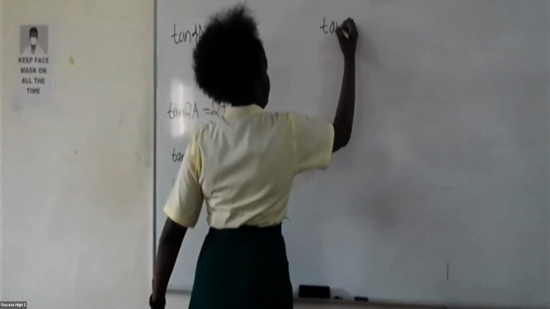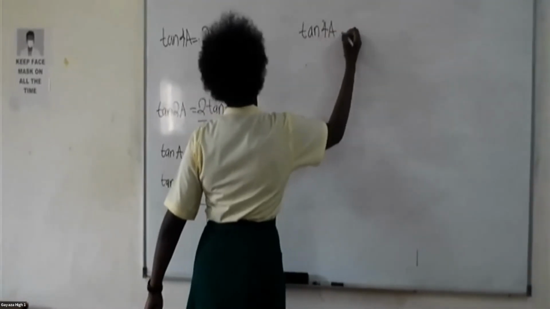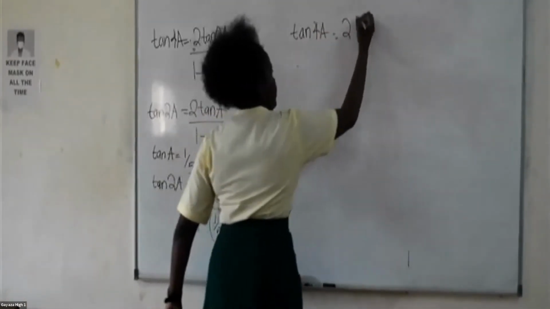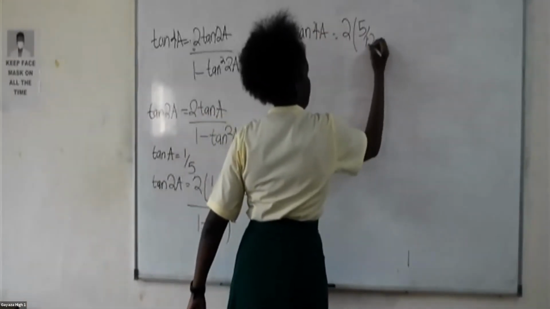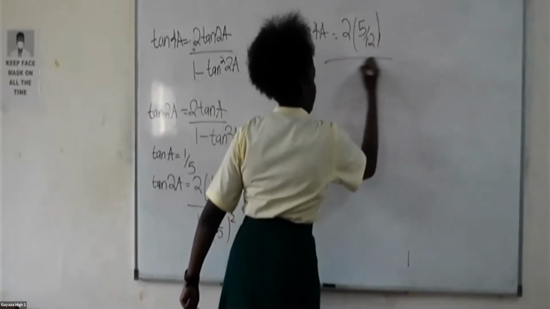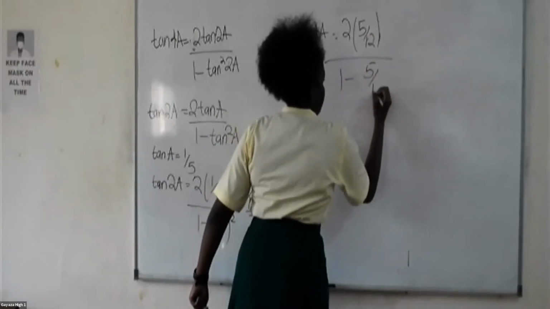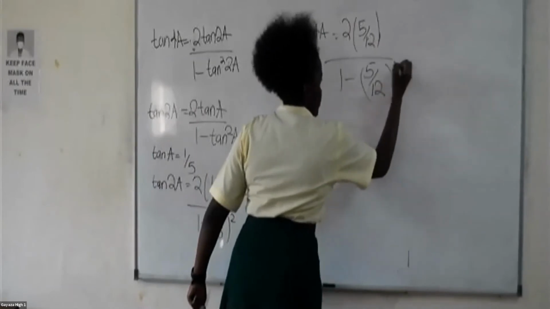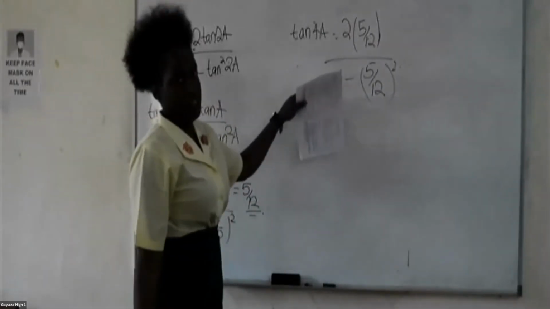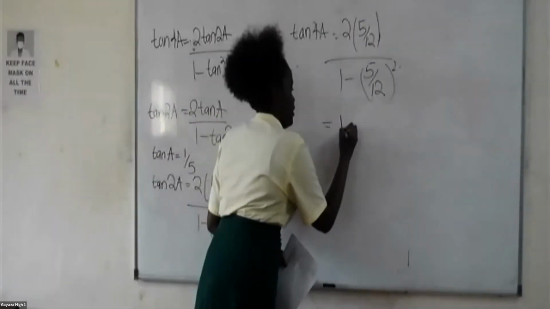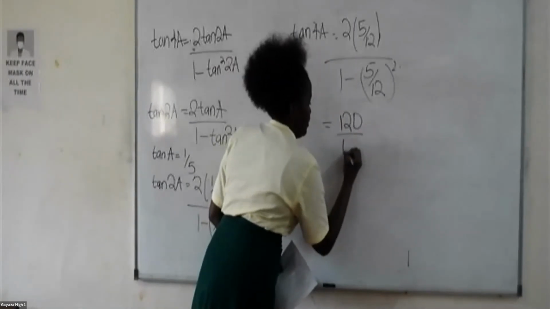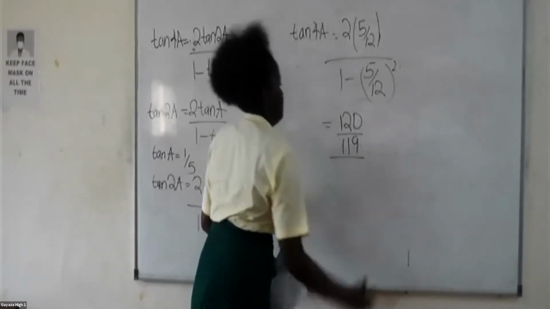So tan 4A will therefore be equal to 2 into 5/12 out of 1 minus 5/12 squared. When you put this into your calculator, you have 120 out of 119.